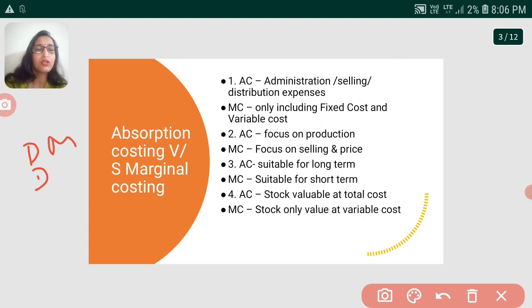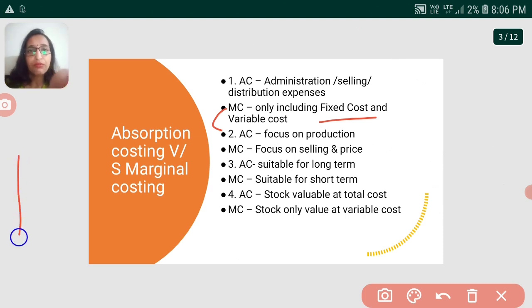Administration, selling overhead and distribution expenses come under absorption cost. In marginal cost, it includes only fixed cost and variable cost. Why are they considering fixed cost also?